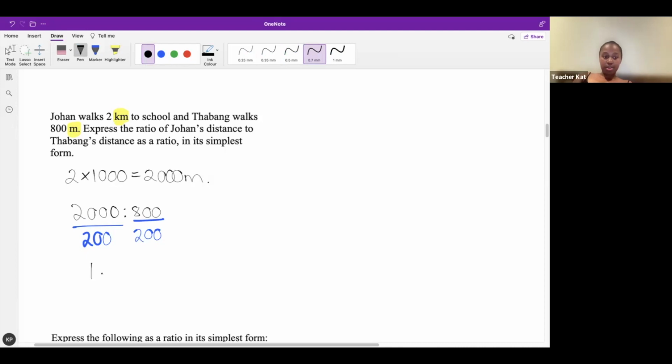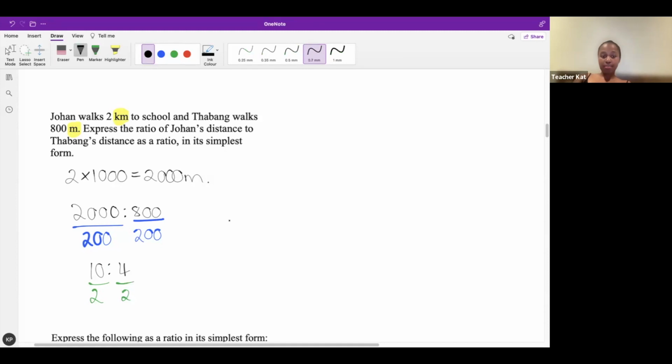There's actually a bigger common factor, but it's fine. And what is 800 divided by 200? 4. Do we still have a common factor here? Yes, 2. Remember, we can divide both 10 and 4 by 2.